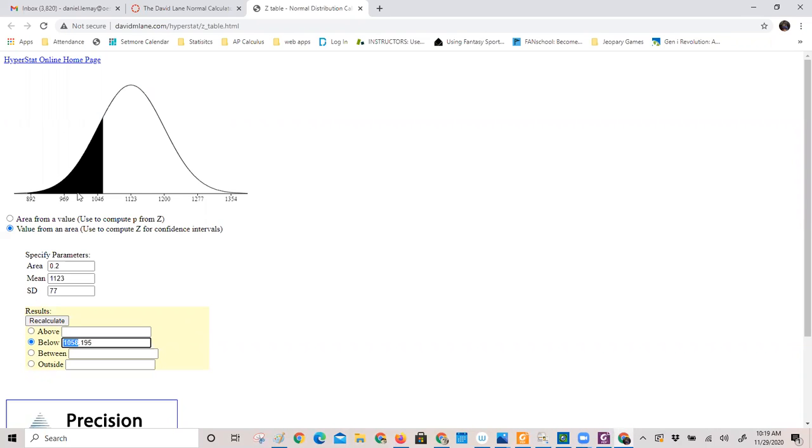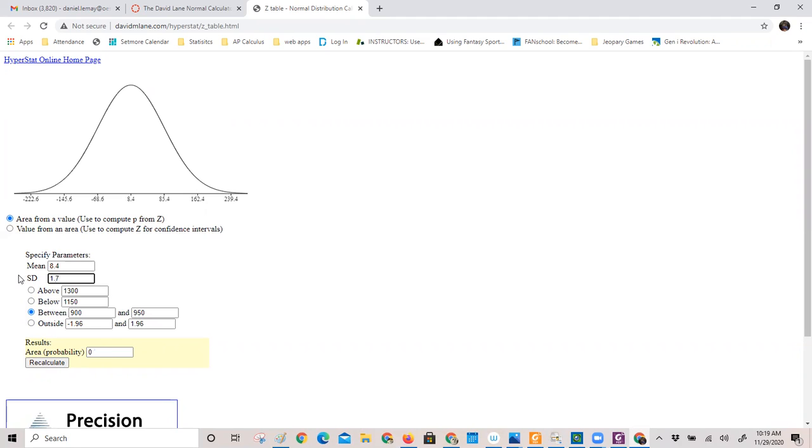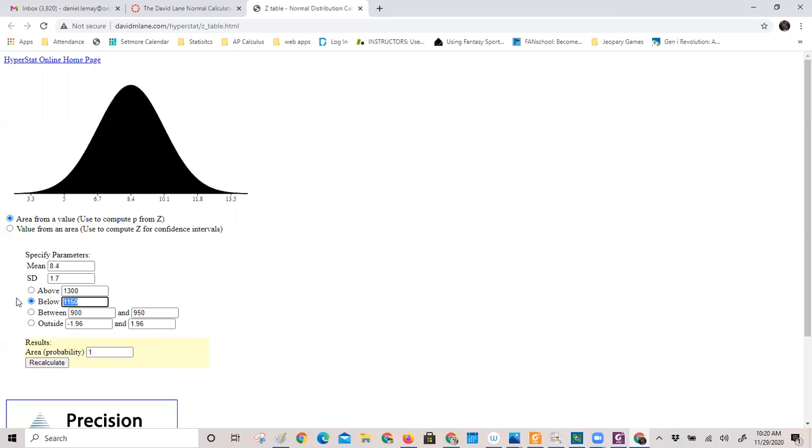Here we go. So I want to know an area from a value. I need to know the mean is 8.4. I know the standard deviation is 1.7. And I want to know below 3, right? So below 3 minutes.